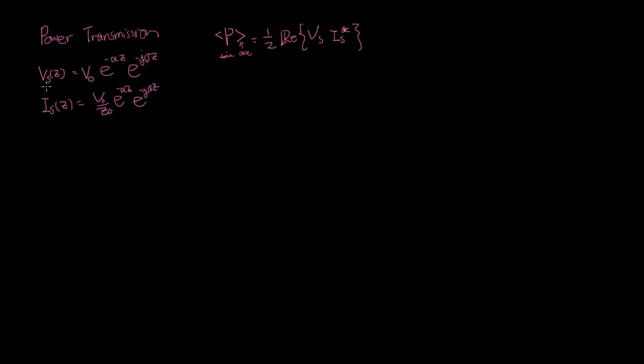If we plug in our phasor form for Vs and Is, we can then rewrite this in the following form here. So 1/2 magnitude V naught squared all over the magnitude of Z naught. Remember, Z naught is a complex quantity, and so here we're going to take the magnitude. To account for phase mismatches between the voltage and the current, we're going to add this extra cosine of theta term, where theta is the current phase shift relative to the voltage.